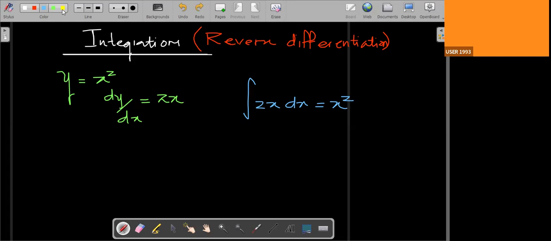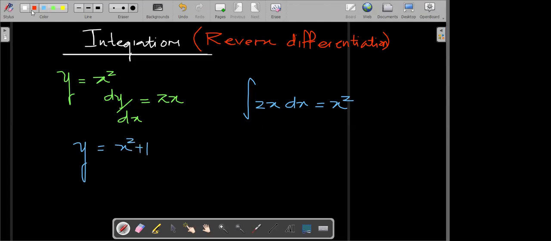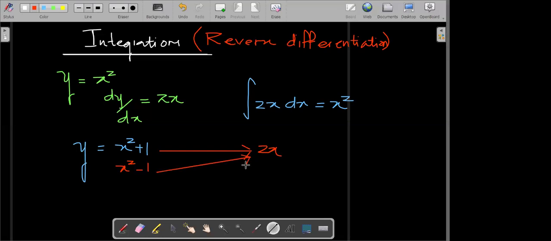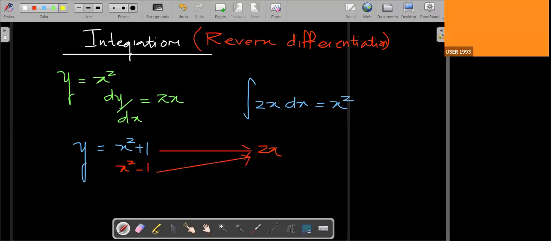Just tell me, what is the differentiation of x squared plus 1? It's 2x. What is the differentiation of x squared minus 1? Also 2x. And x squared plus 100?